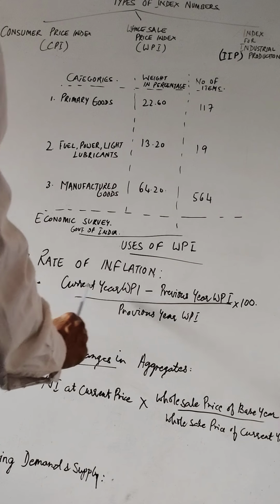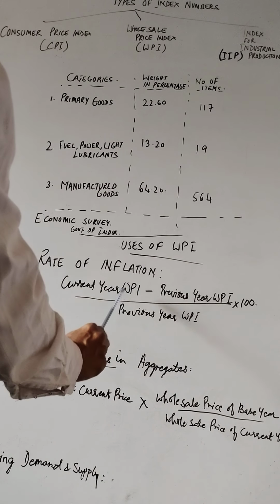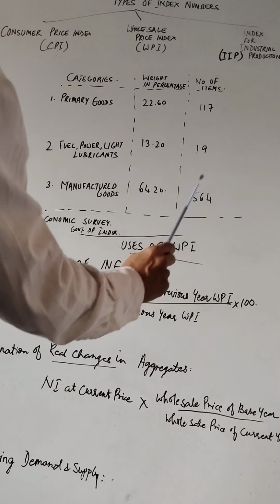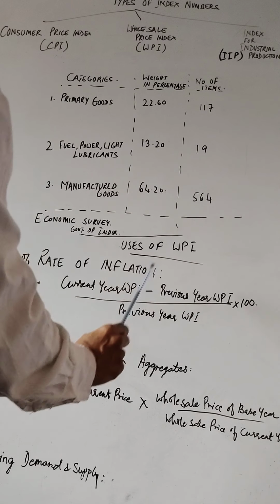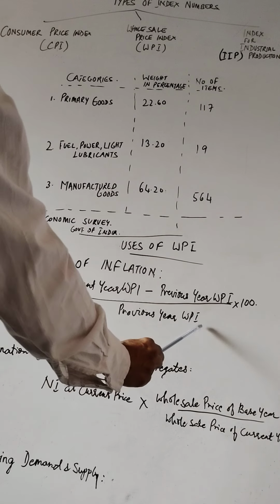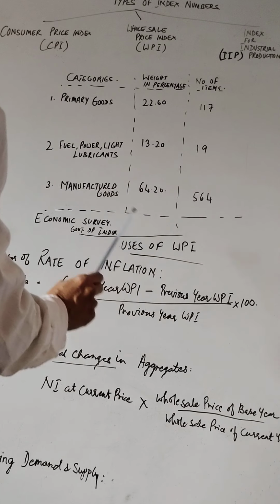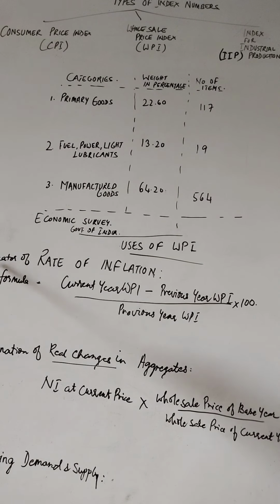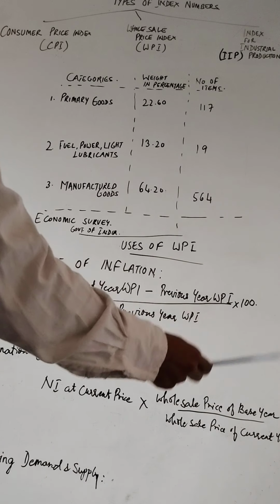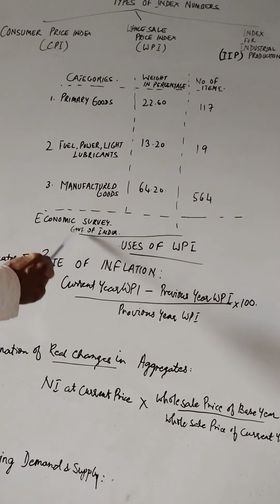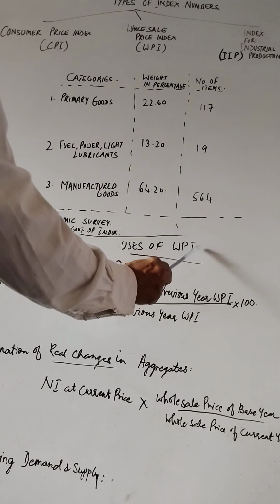By a simple formula, that is current year wholesale price index minus the previous year wholesale price index divided by the previous year wholesale price index into 100. So with that we come to know about the rate of inflation in the economy. So that is one big use of the wholesale price index.